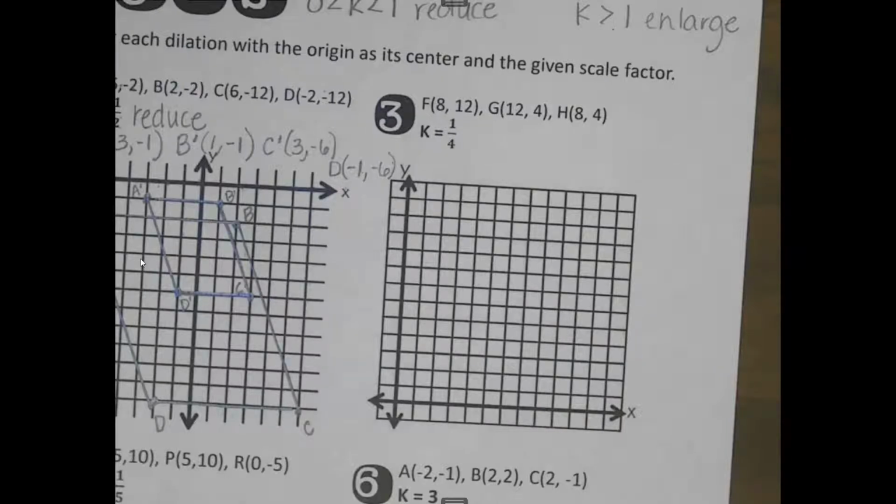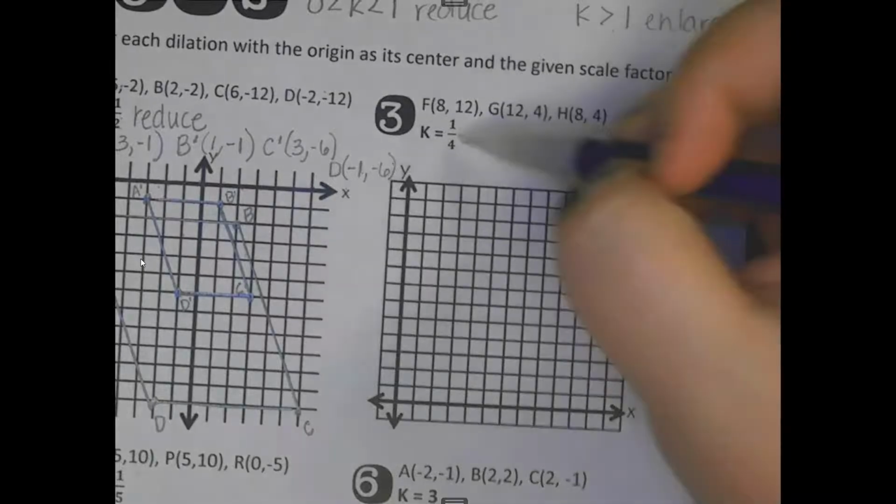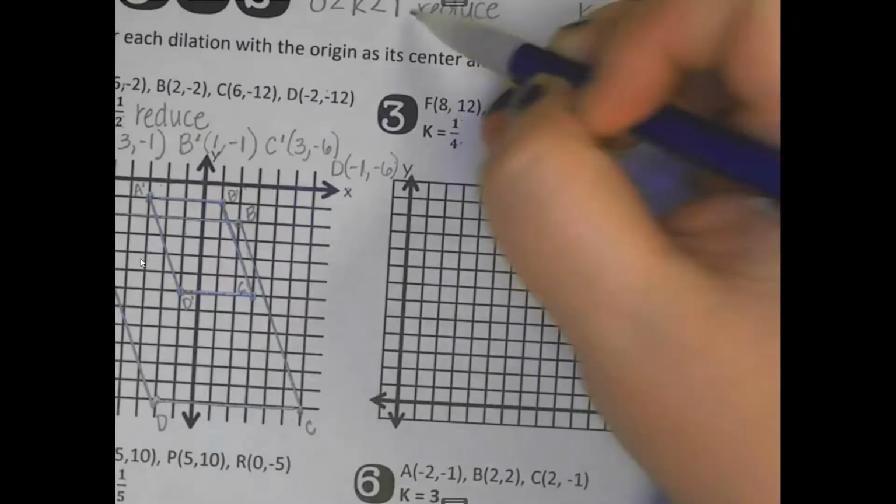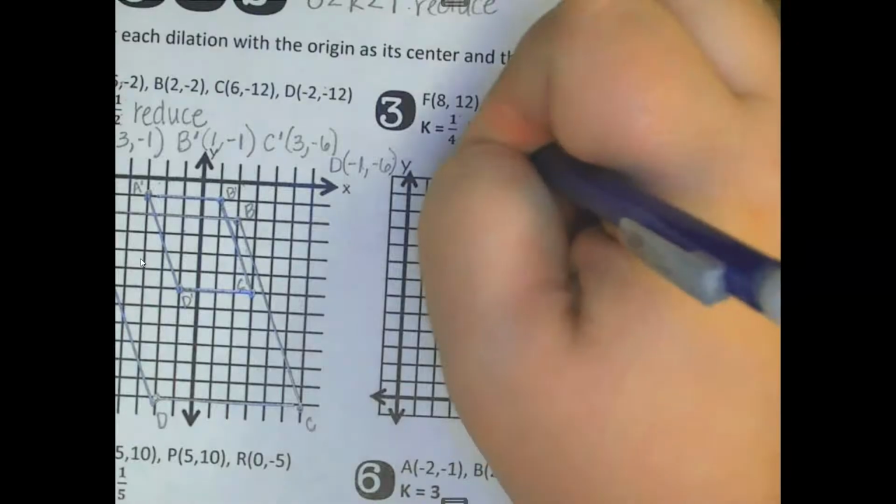All right, so hopefully we made a decision. So let's see. 1/4 is not bigger than 1. It's less than 1. So it is a reduce.